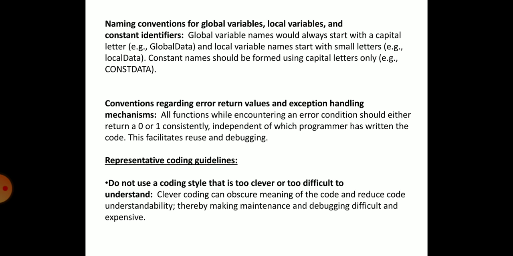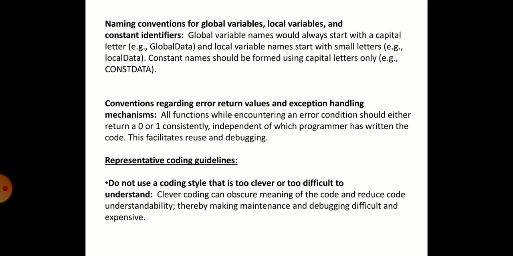There is a convention for error detection or error return values also. So the convention regarding error return values and exception handling mechanisms is that all functions, when encountering an error condition, should return a 0 or 1 consistently. That is what we use throughout programming, whether the program is done using any high level language.